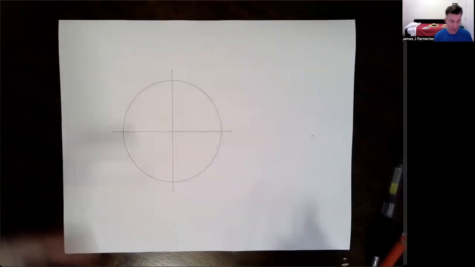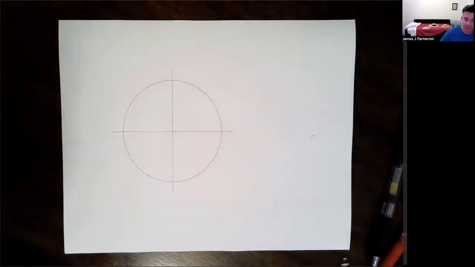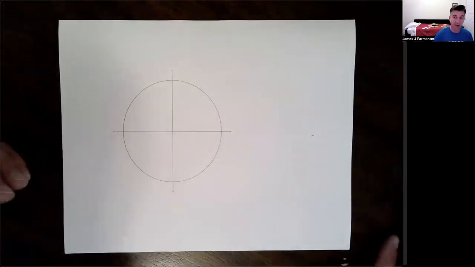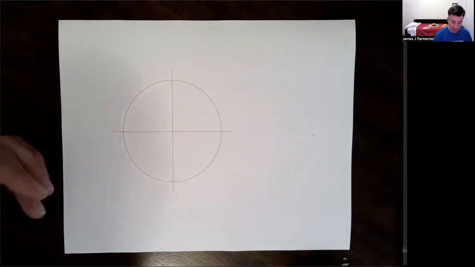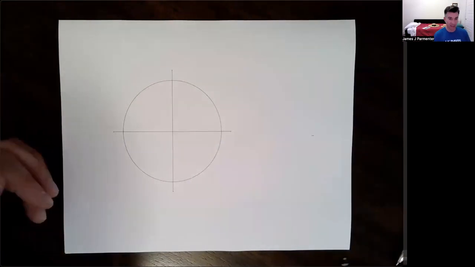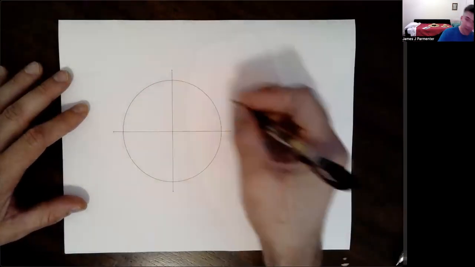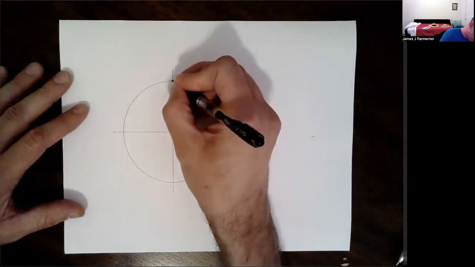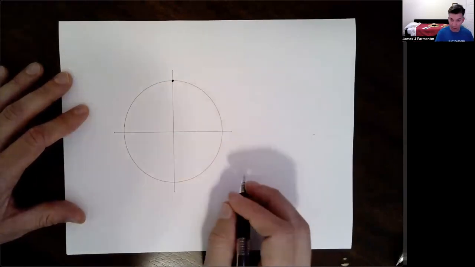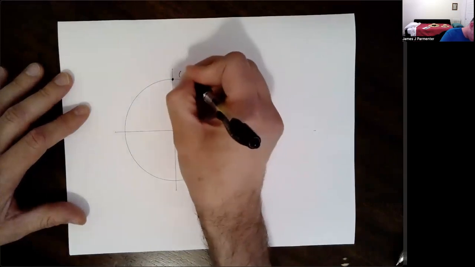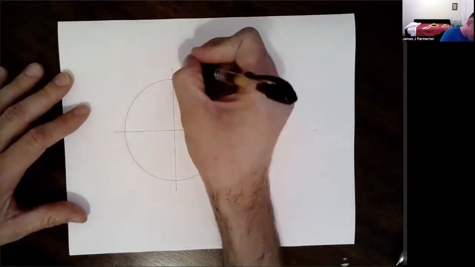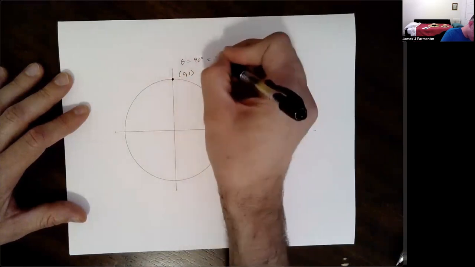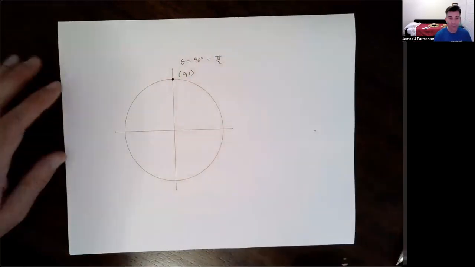So the last thing about the unit circle is that the unit circle allows us to find sine, cosine, tangent of some angles that don't have reference angles. What do I mean by this? Again, unit circle, radius of 1. So this angle right here, that point right there is the point 0, 1. And the angle there is 90 degrees, aka pi over 2 radians.